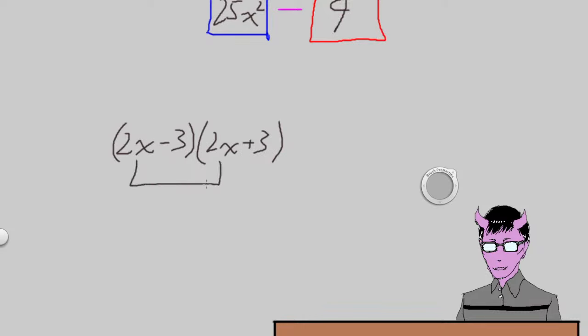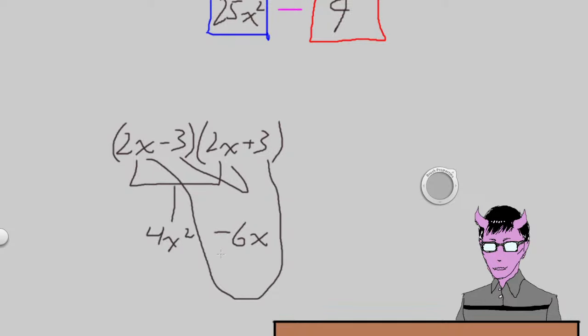If you multiply those two out following the distribution, we have 2x times 2x, which yields 4x squared. And then for the second term times the first term, we're going to get negative 6x. And then we have the first term times the second term, thus yielding a positive 6x.